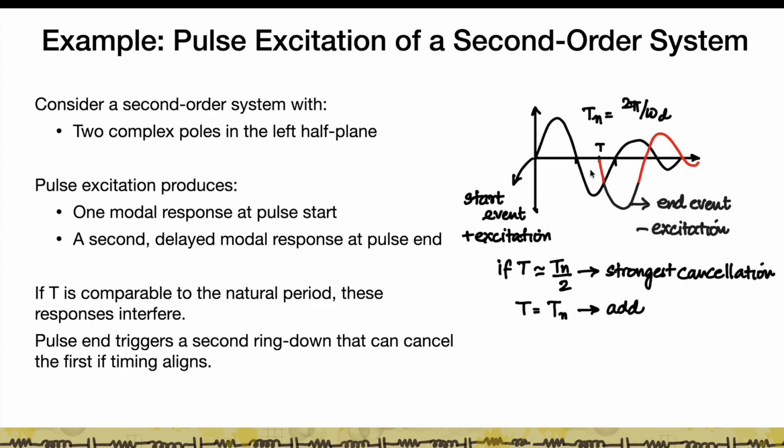In phase means it reinforces, and out of phase means it cancels. This is how pulse width can suppress ringing or create dramatic ringing without changing the system at all. Students often blame the waveform shape, but the deeper truth is this is a pole time scale interaction. The pulse is just scheduling the two excitations.